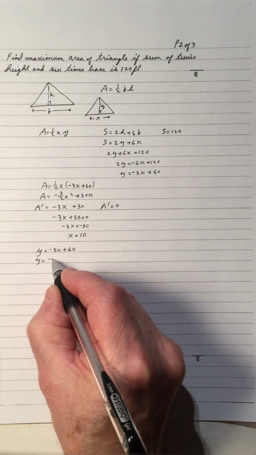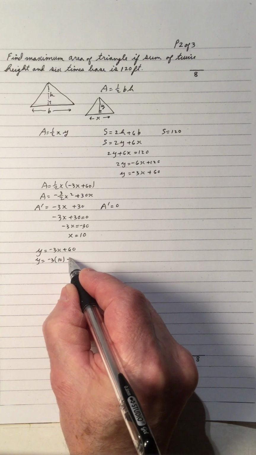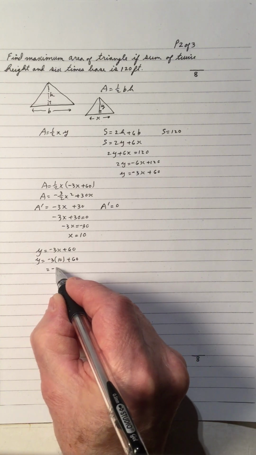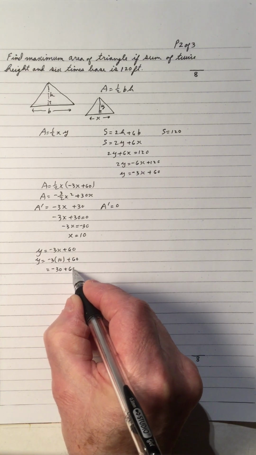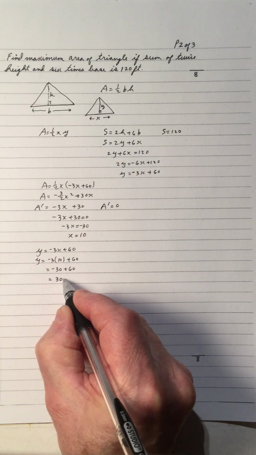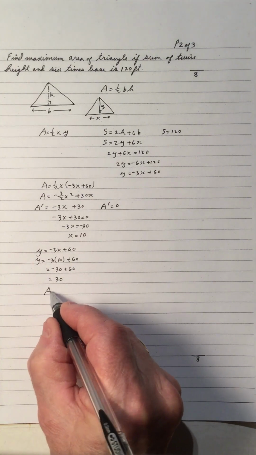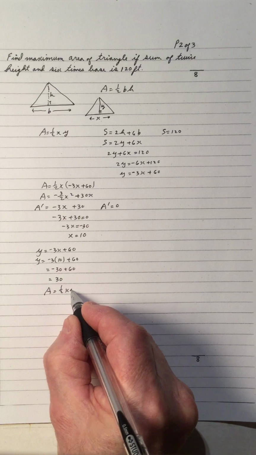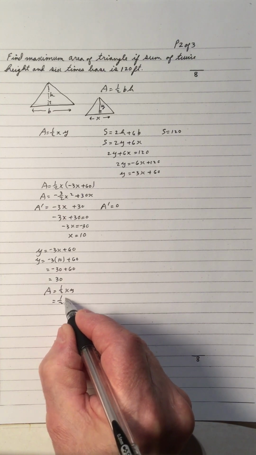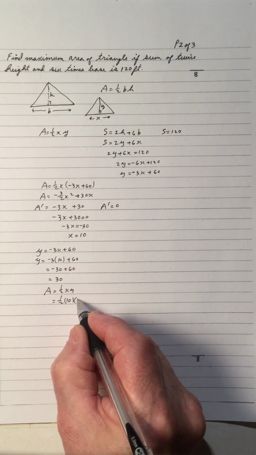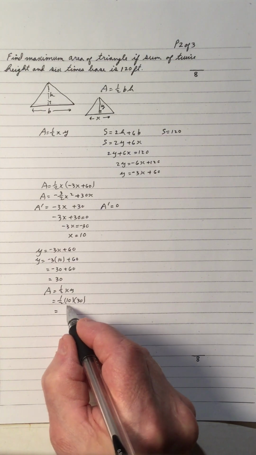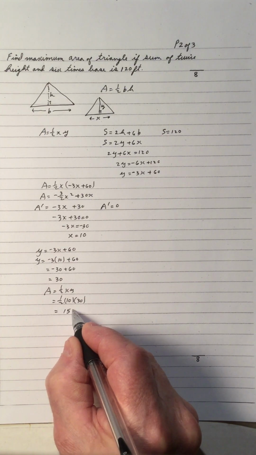So y is negative 3 times 10 plus 60, negative 30 plus 60. So y is 30. That means the area is a half of x times y, and x is 10, y is 30. So that's 5 times 30, which is 150.